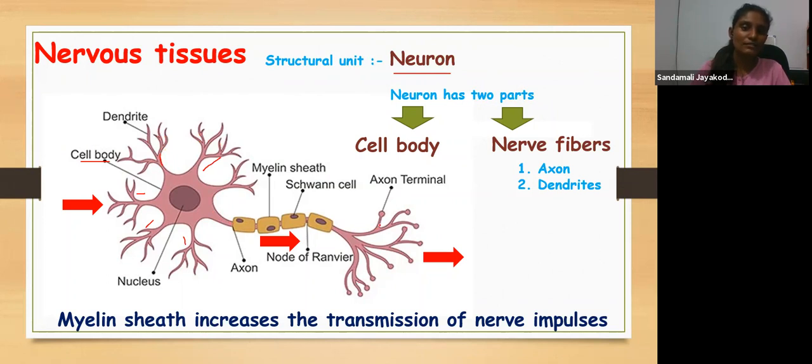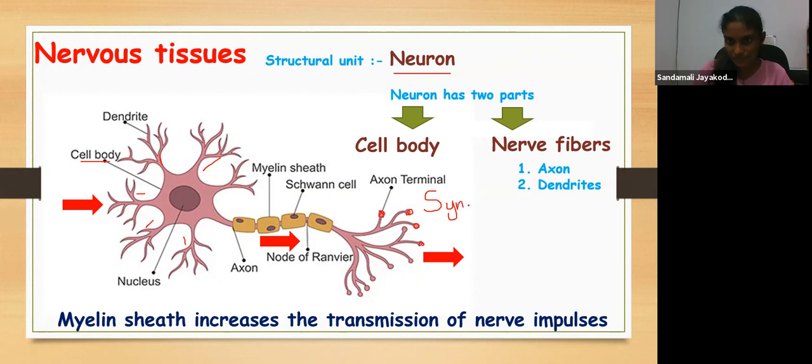We call these the branches of this axon, and at the end of these there are some round colored objects. We call them axon terminals, or there's a special name. They are synapses vesicles.